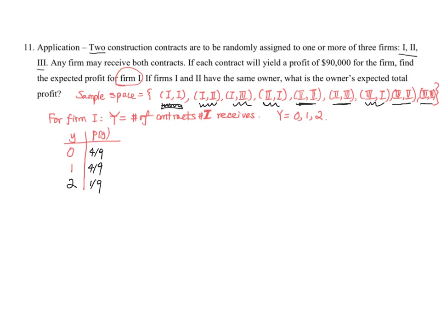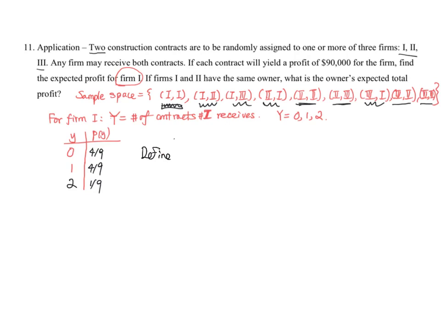And then we want to find the expectation of this Y, the number, actually not yet, right? Because we want to find the expectation of the profit, not the expectation of the Y. So actually I want to define a new variable.